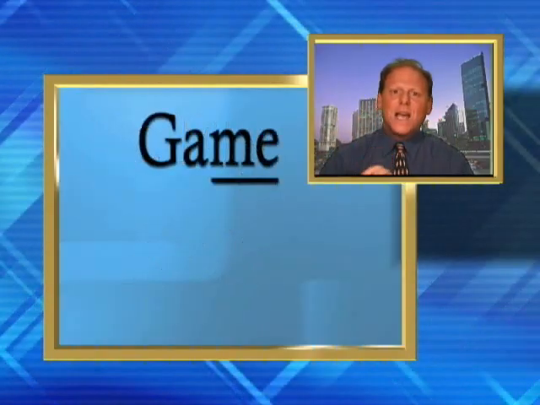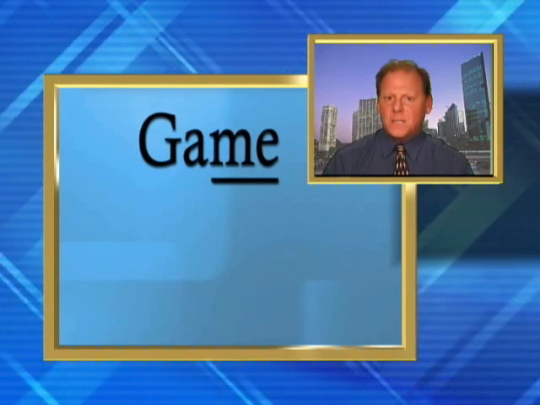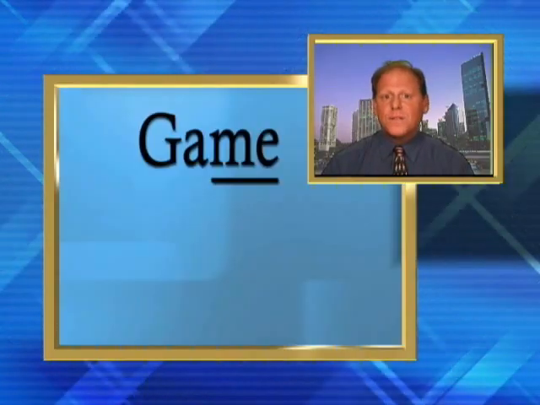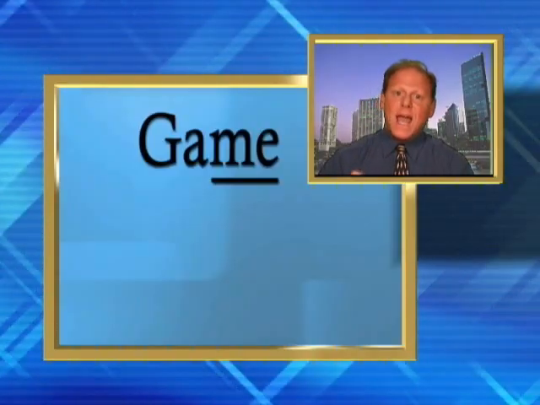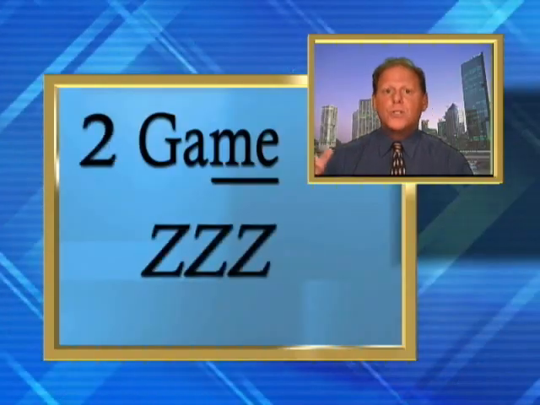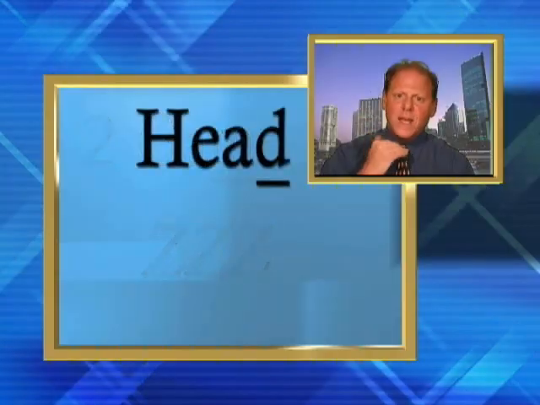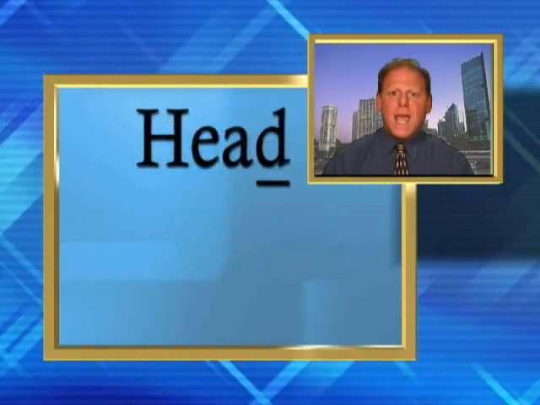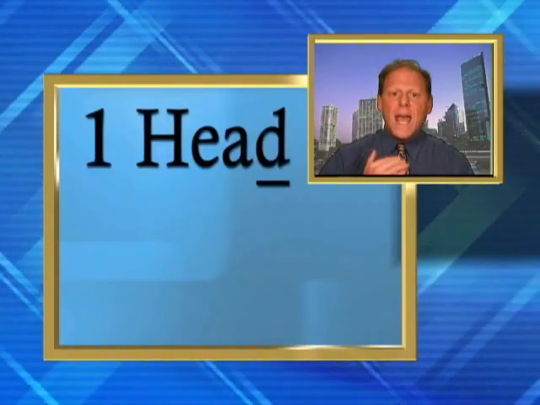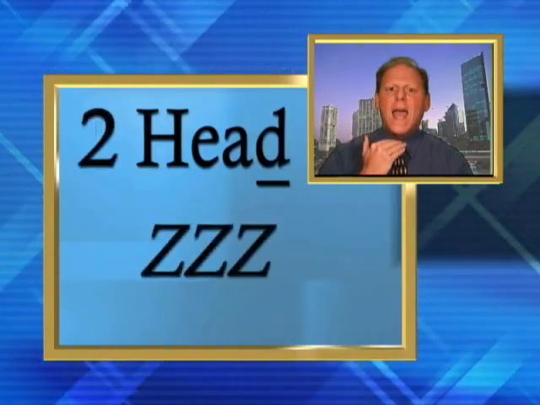Flies. The last sound you hear in the word game is the M sound, which is a voiced consonant. So because of that, when you add an S, the S should also be voiced. One game, two games. Games. Another word, head, ends with a voiced D. D. So we've got one head or two heads.